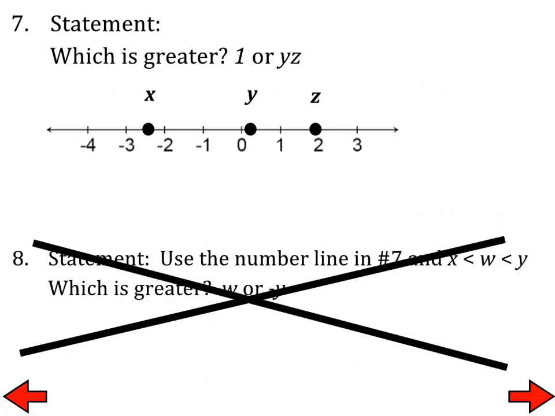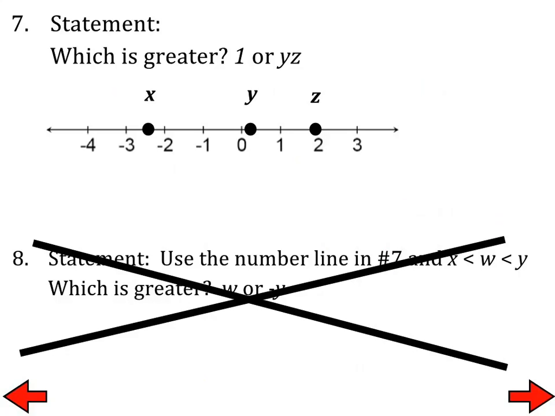But we don't know exactly what it is. And we don't know exactly what z is. We know it's around 2. It doesn't look like it's quite 2, maybe like 1.9. But that's really all we know. So now we're trying to figure out from that information which is greater, 1 or yz. And I'll give you about a minute to figure that out.